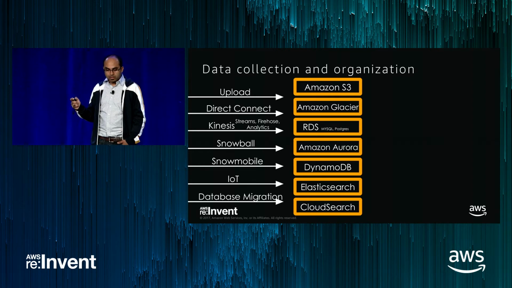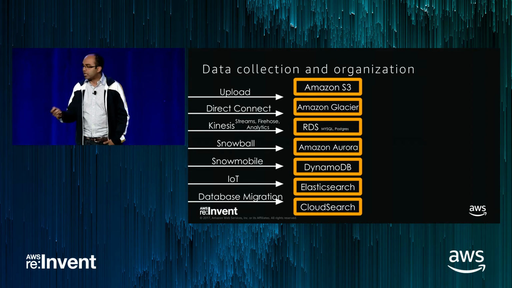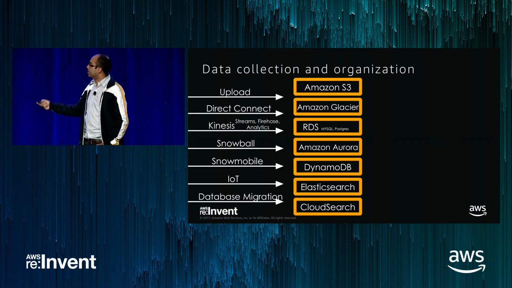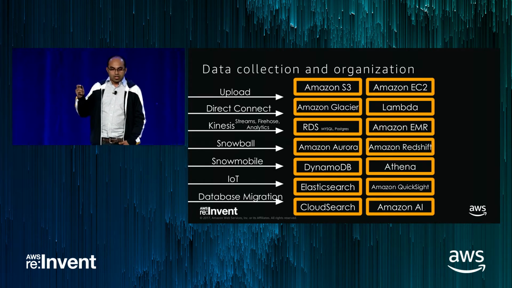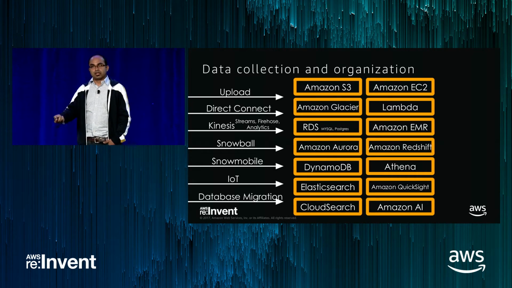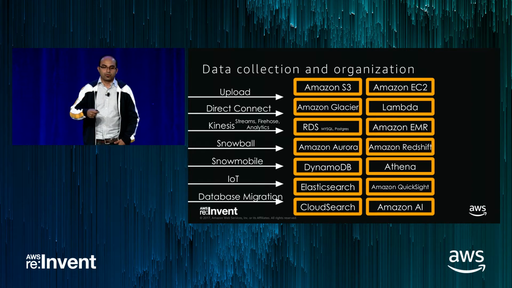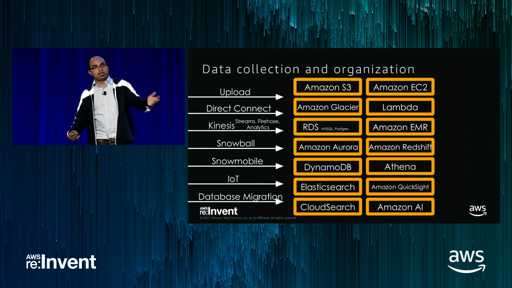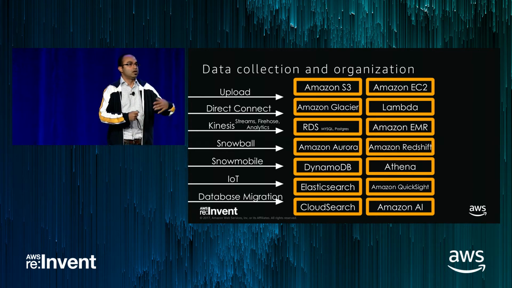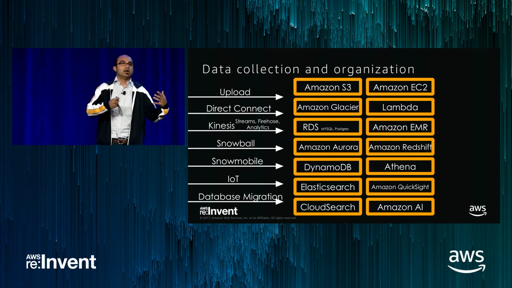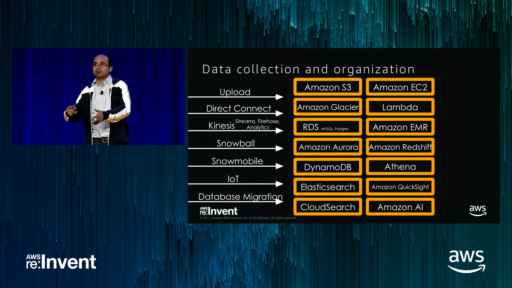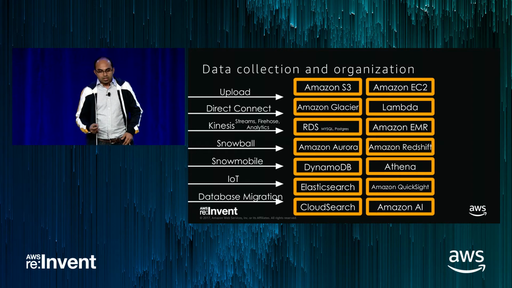And of course, this is a generic slide with all the ingestion options that we have. You store it in S3, which becomes your data lake, where we can spin up different services, or process with EMR and Spark to make it meaningful for the ML part.